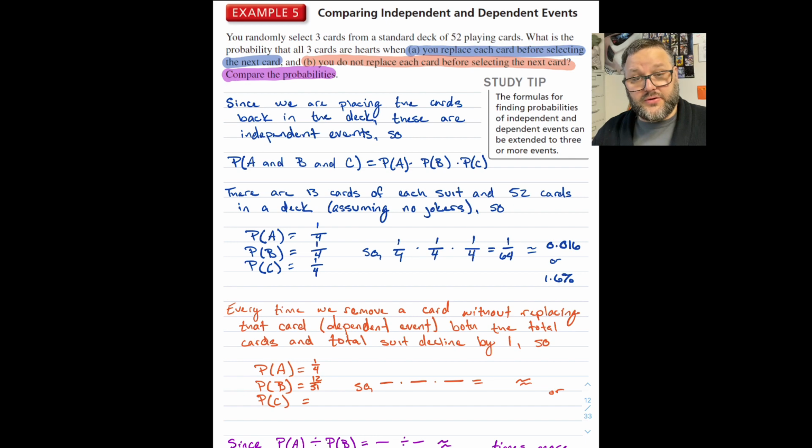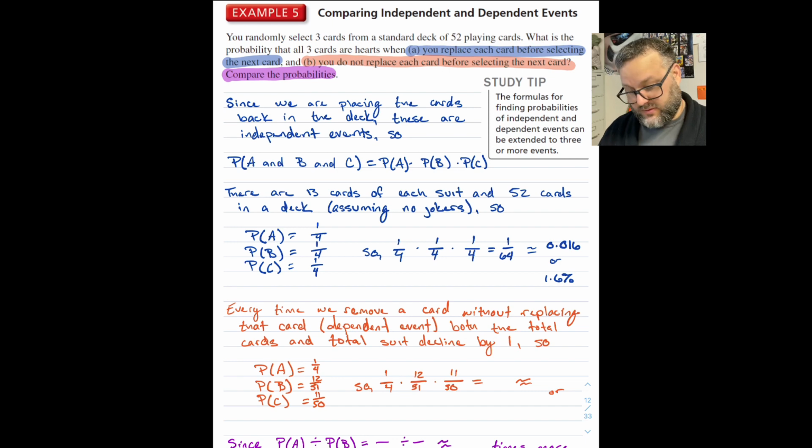Now on the third draw, we've taken that card, we've set it aside, we did not put it back in the deck. So now we have 11 hearts in the deck and we have 50 cards left. So when I multiply all of this out and simplify, what I find is I have 1/4 times 12 over 51 times 11 over 50.